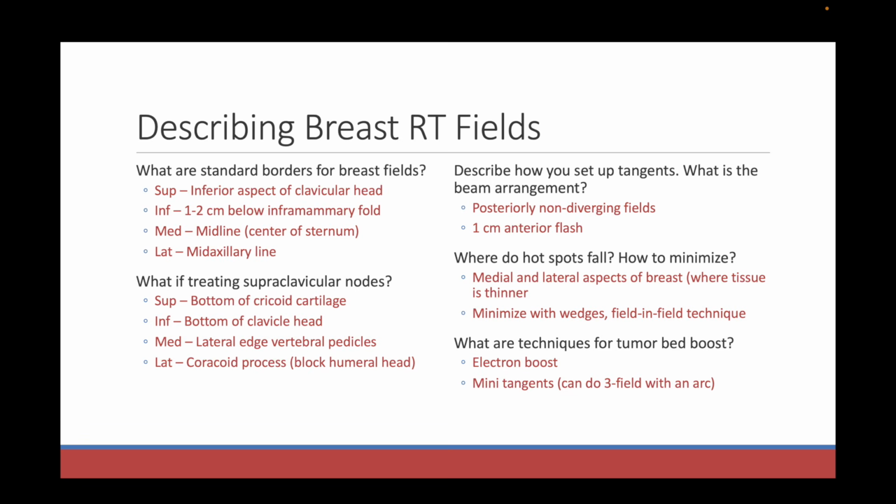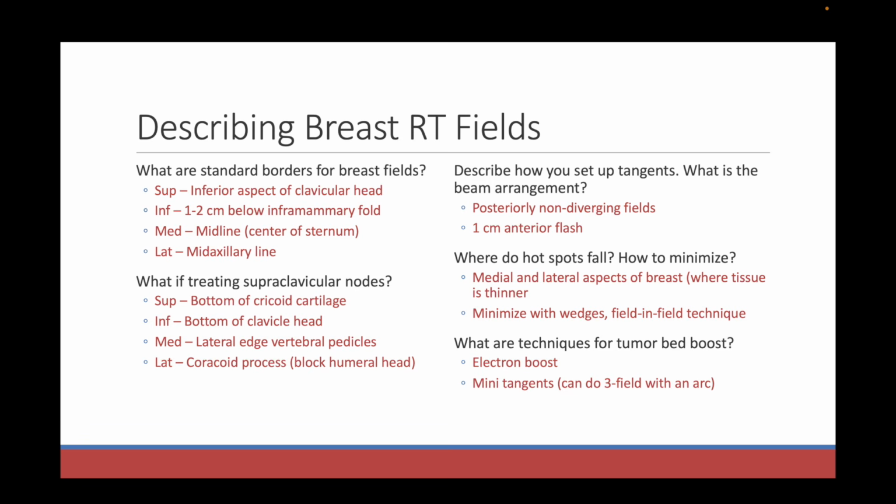Our medial border is midline, center of the sternum, and our lateral border is the mid-axillary line. And these are the borders that we use to set up our tangential fields. And when we set up our tangential fields, the beam arrangement is opposed tangents that are arranged so that posteriorly we have non-diverging fields, and we have about 1 centimeter of flash anteriorly.